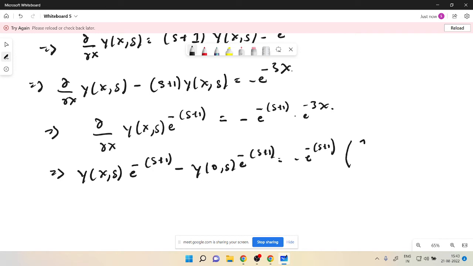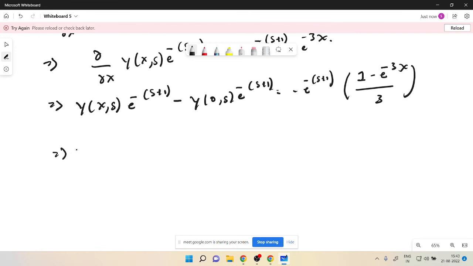We get 1 minus e to the power minus 3x by 3, then multiplying with Y of x comma s is equal to Y of 0 comma s.